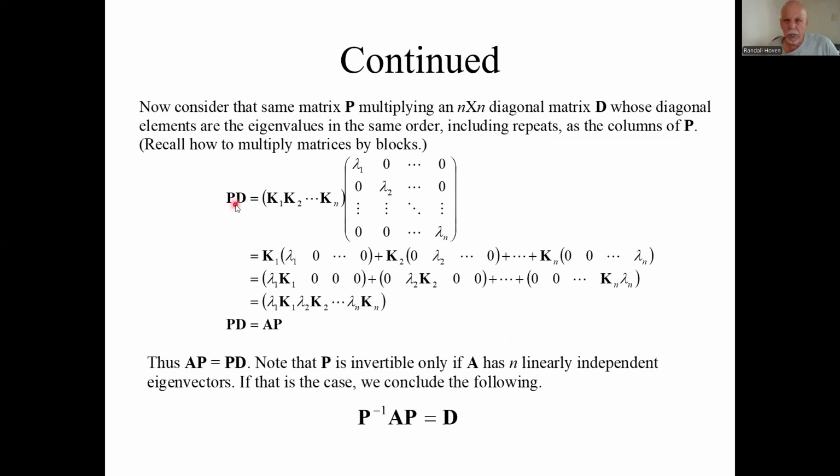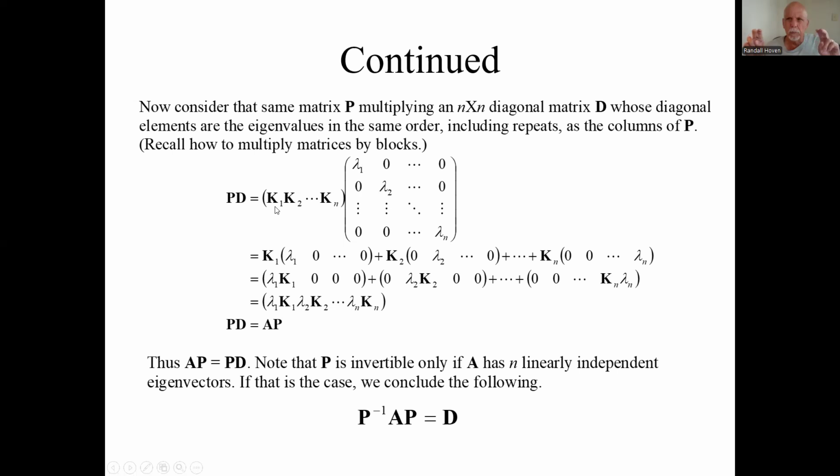Now let's say I post-multiply that matrix P by a diagonal matrix where the diagonals are the eigenvalues. Here's what it's going to look like. It's all zeros off the main diagonal, and the main diagonal are the eigenvalues of the original matrix A. I do this matrix multiplication, and you have to go back to ways we can do matrix multiplication.